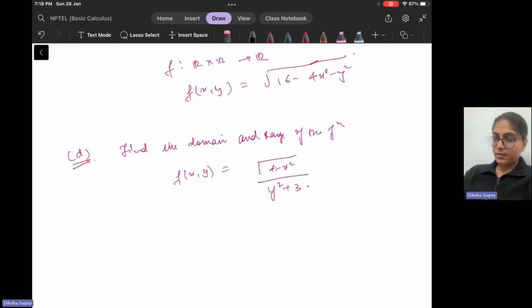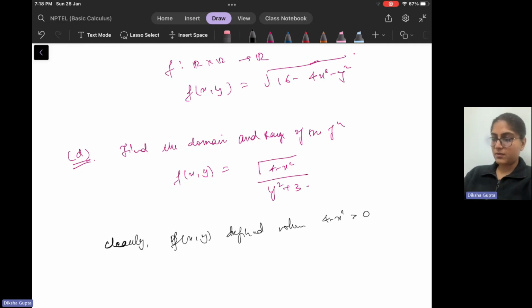Now the domain is clearly, you can see, f(x, y) is defined when 4 minus x square is greater than 0.